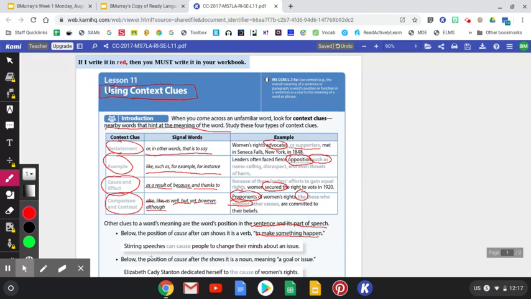Okay. In the second sentence, Elizabeth Cady Stanton dedicated herself to the cause of women's rights. Well, here, cause is a noun, which is a goal or an issue. Even though they're the same word, they have two separate meanings. All right, so let's scroll down to our next spot.